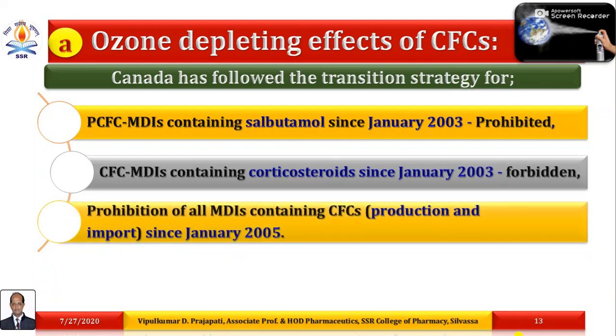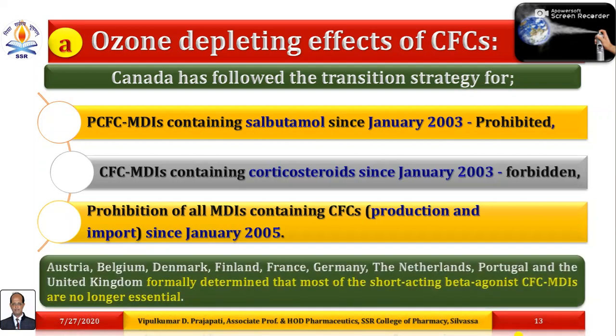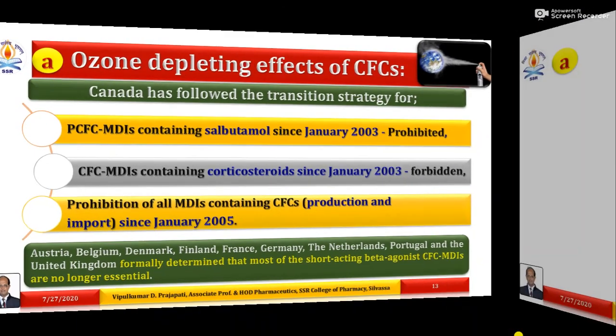And prohibition of all metered-dose inhalers containing chlorofluorocarbons for production as well as import since January 2005 due to ozone depleting effects. Australia, Austria, Belgium, Denmark, Finland, France, Germany, the Netherlands, Portugal, and the United Kingdom formally determined that most of the short-acting beta agonist chlorofluorocarbon metered-dose inhalers are no longer essential.